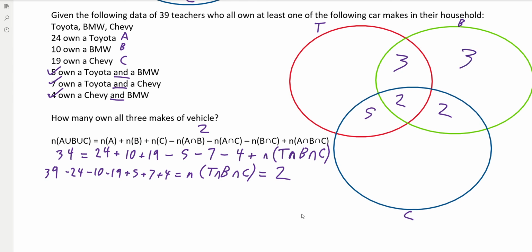For Toyota, there are 24 minus 5 minus 3 minus 2, so it's like minus 10, so 14. For Chevy, we got 19 minus 5 minus 2 minus 2, and we've got 10.